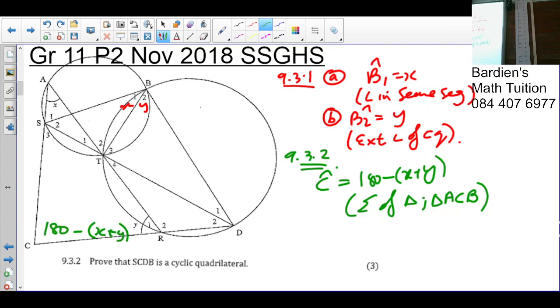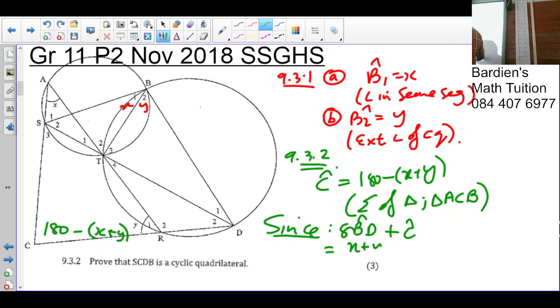Now you see that the opposite angles sum to 180 in that quadrilateral. You all see that, people? So now we state the obvious. We say since angle SBD plus angle C is equal to x plus y plus 180 minus x plus y, and of course that cancels, it gives us 180.